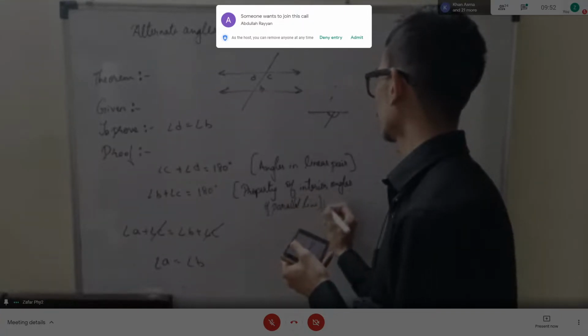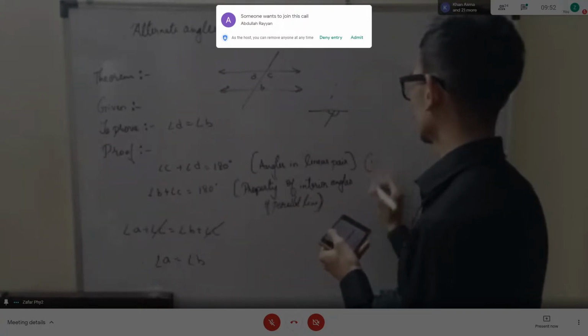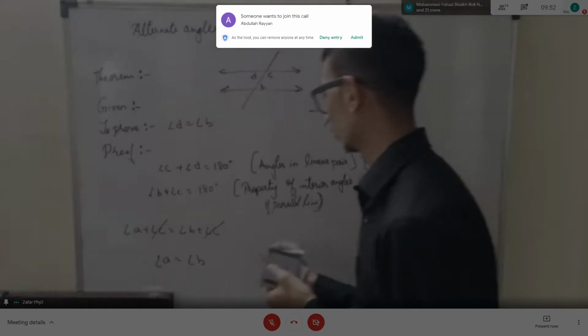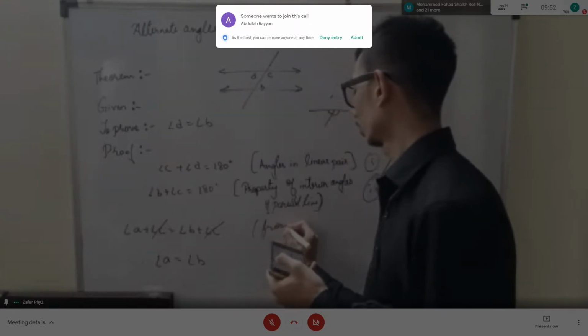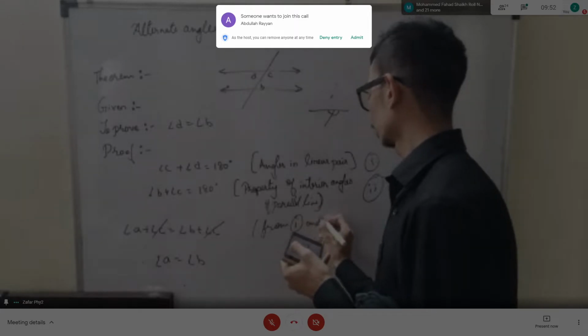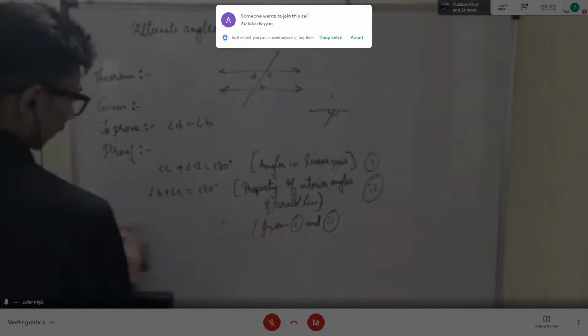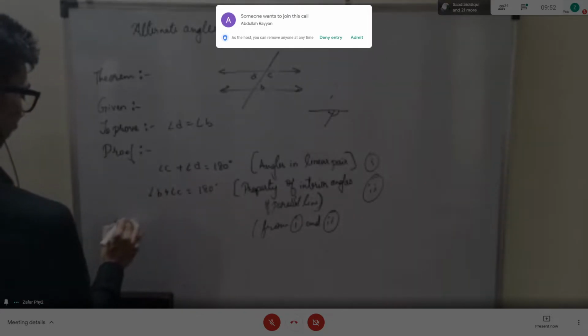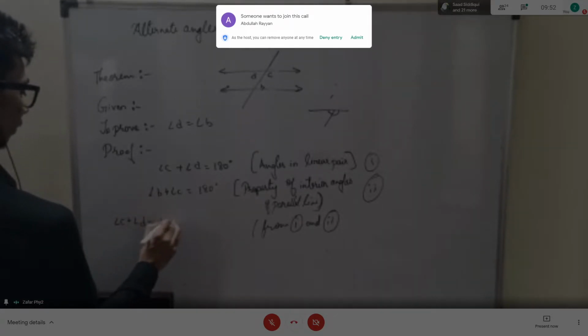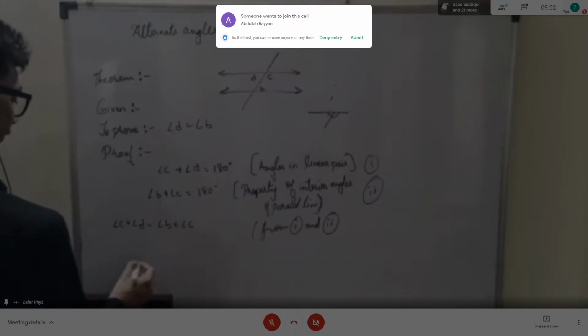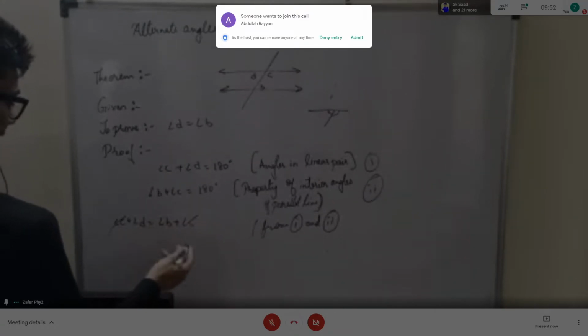Okay, same as what we did earlier, 1 and 2. So from 1 and 2, that will be angle C plus angle D is equal to angle B plus angle C. C gone.